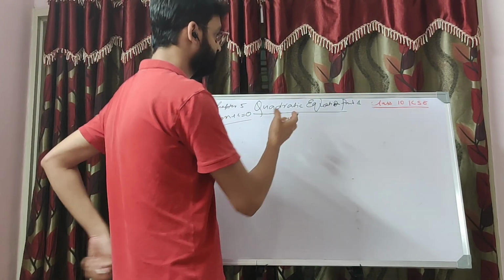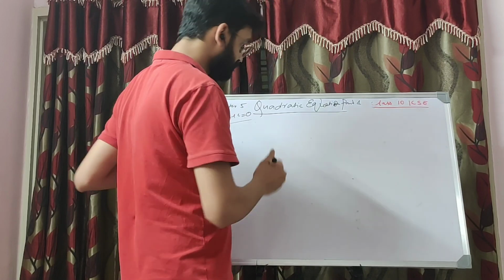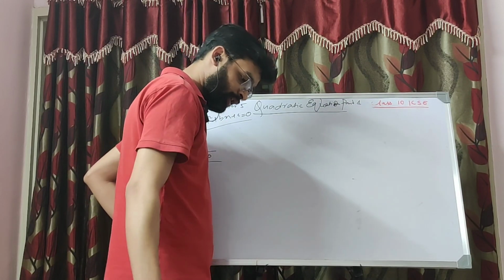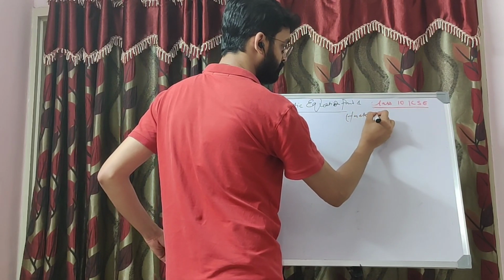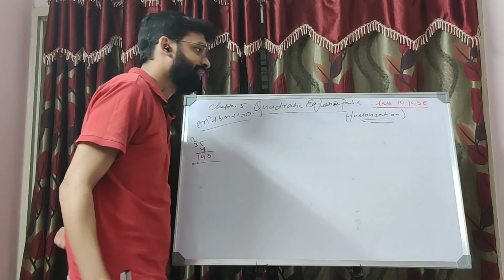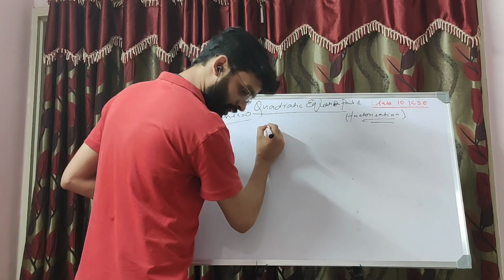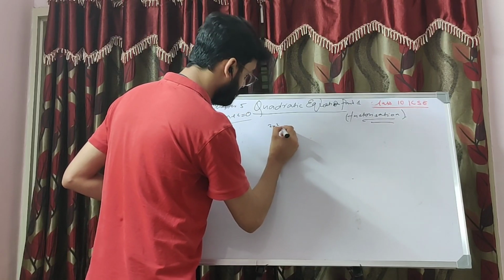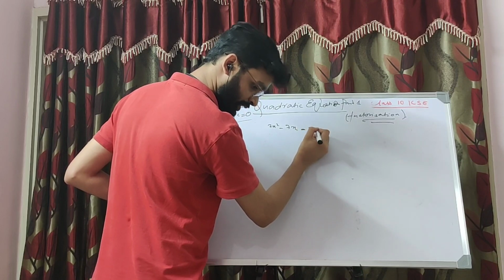Now I'll show you two sums of quadratic equations which are solved by factorization. This is a very easy question. The first question is 2x square minus 7x is equal to 39.